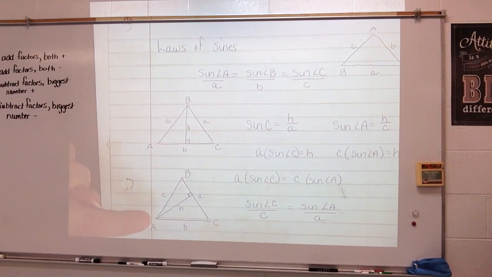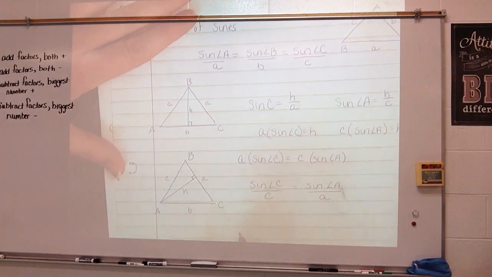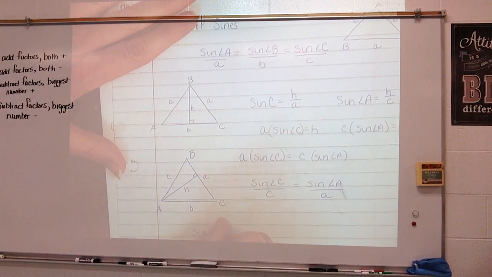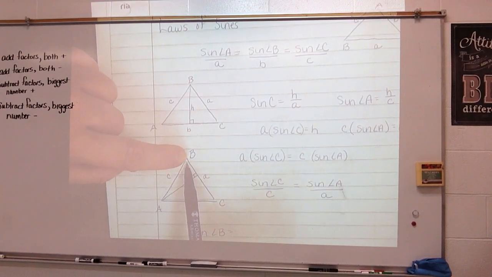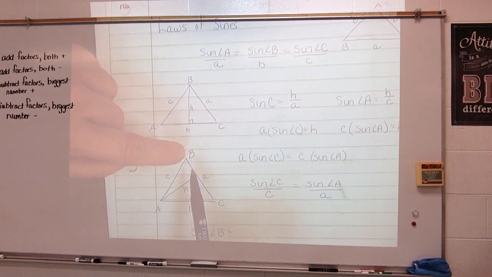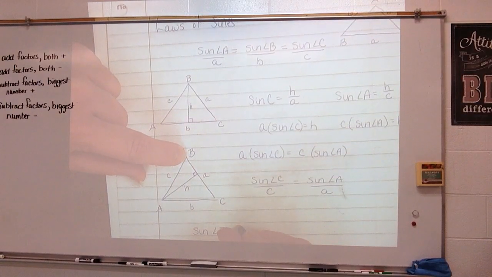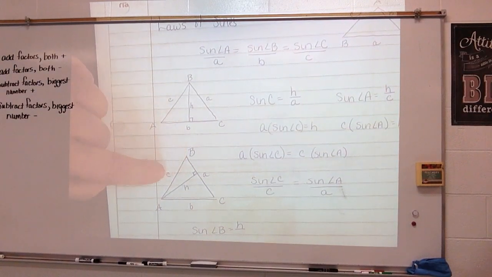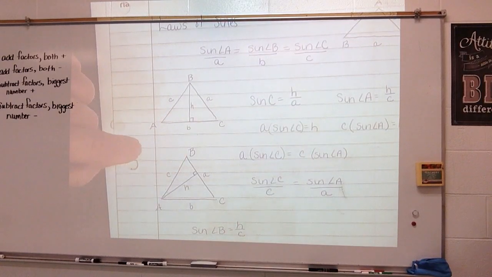An altitude from A gives us the sine of B. Let's look at the sine of B: opposite, which is h, over hypotenuse, which is c.